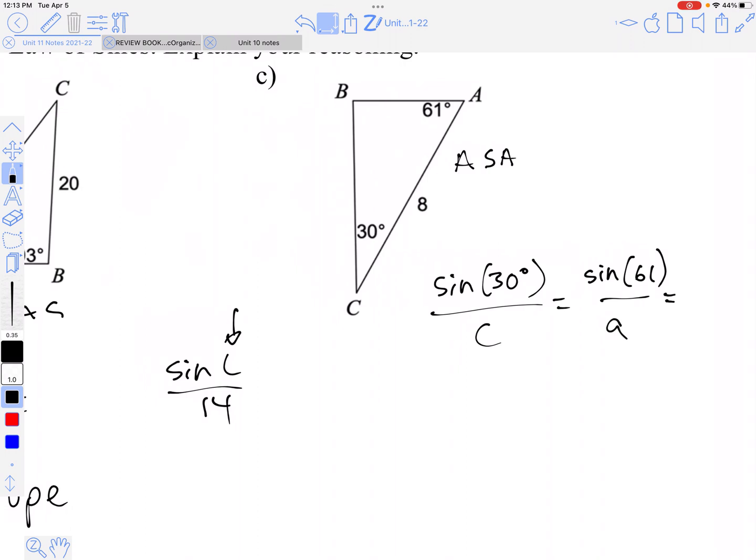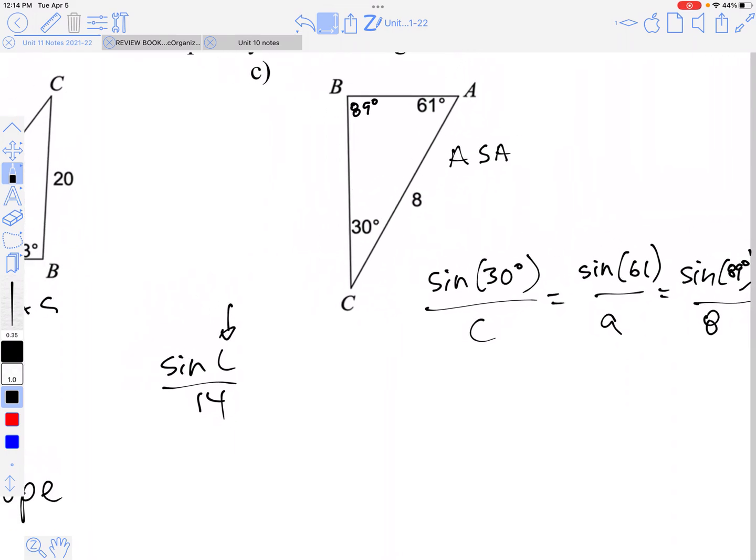Okay. And then sine of, we can find B. We can, right? Because remember, the inside of a triangle always adds up to 180. So if you take 180 and you minus 30, obviously you have 150, minus 61, you're going to have 89 degrees. So sine of B is 89 degrees, and we have side b, which is 8 long.